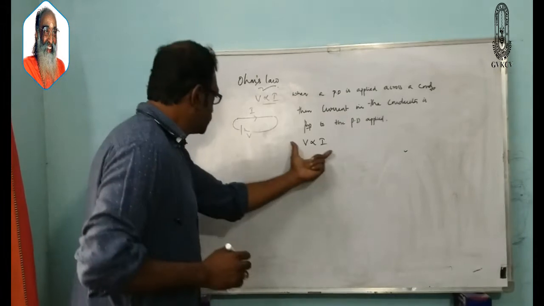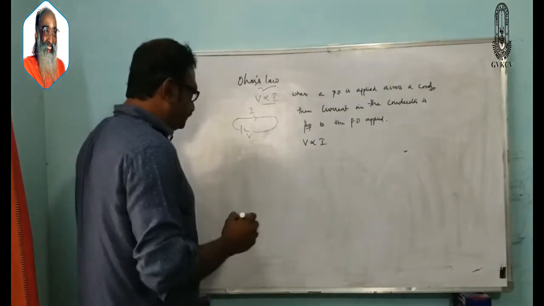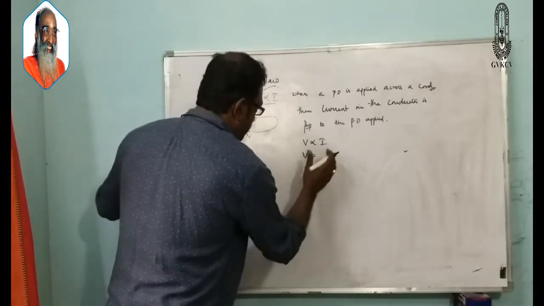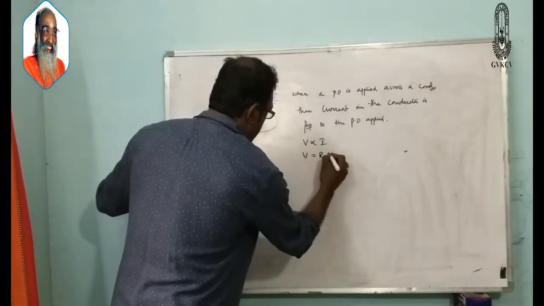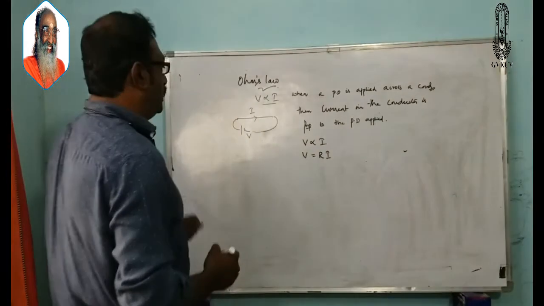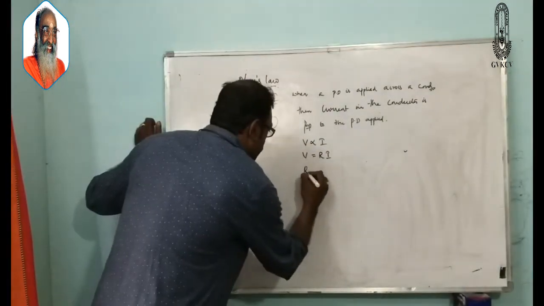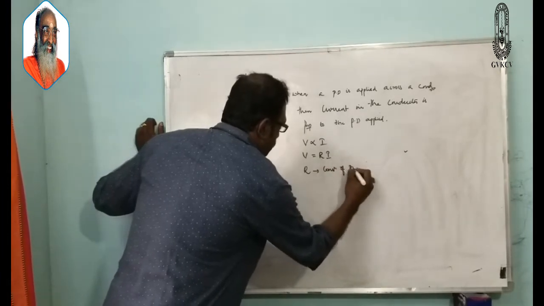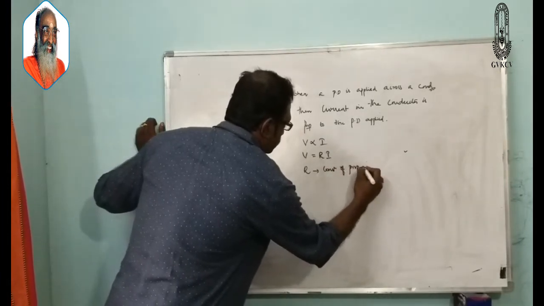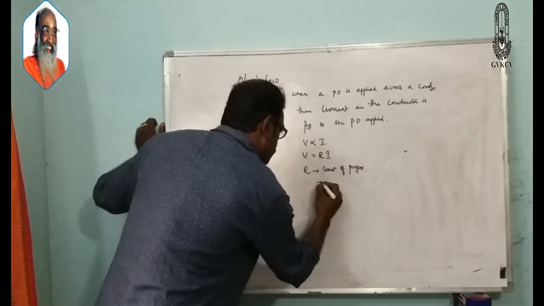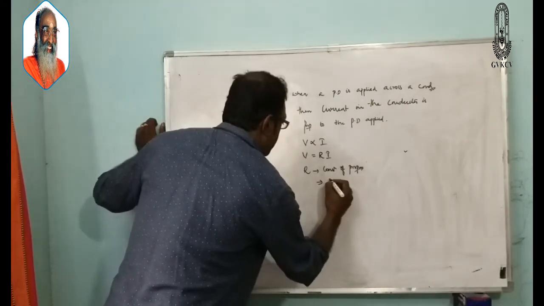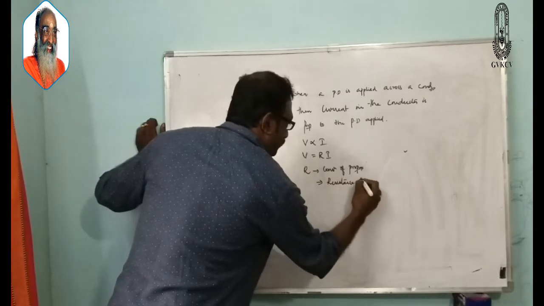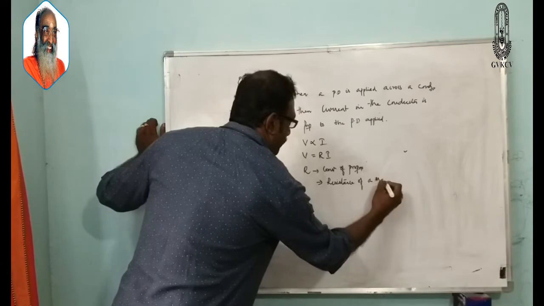After getting this from Ohm's law, you can make this expression as V is equal to some constant, here the constant is R, times I. What is this R? It is the constant of proportionality, and this constant of proportionality is nothing but the resistance of a material.